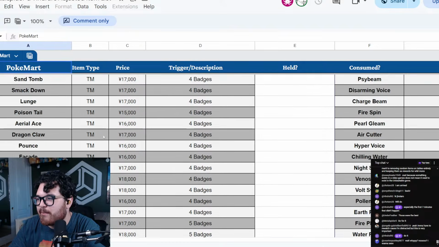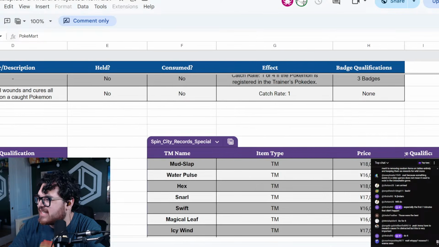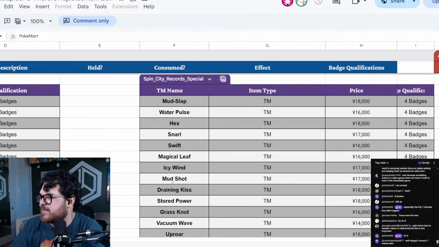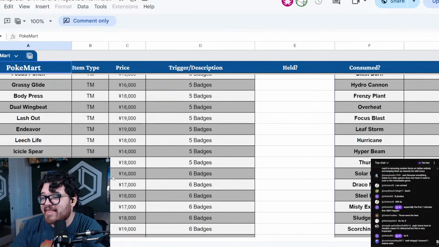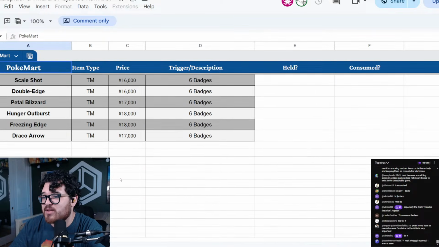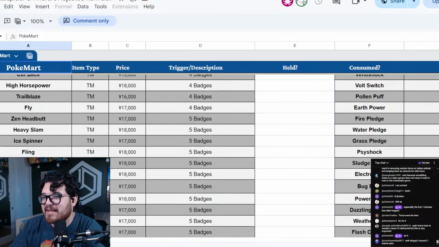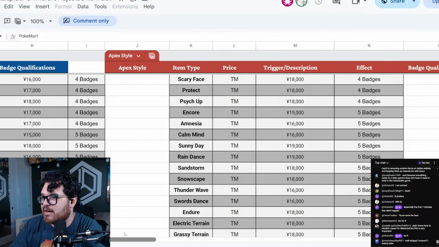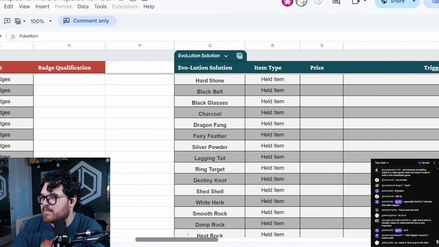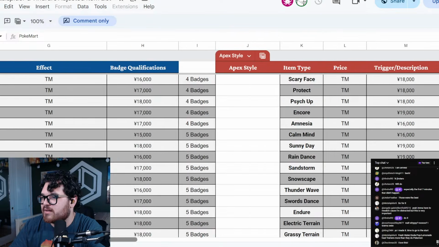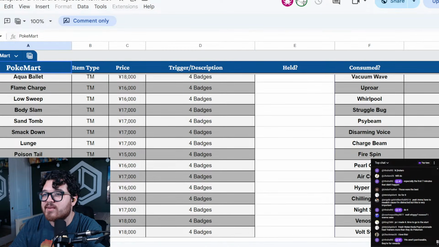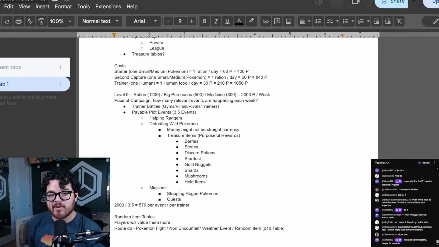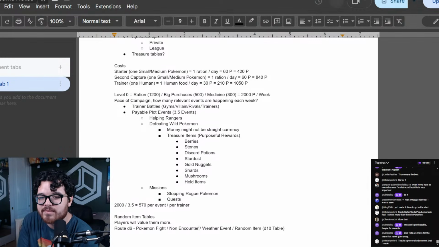I think this is much more correct for a TM. Let me see the TRs. Oh, these are also TMs. Okay, I think this is much more appropriate. I think this is very much the direction they should be going. Let's see here. TM. Hard Stone. This goes crazy. Okay, I will definitely look into that more later, but I think that's a good start.